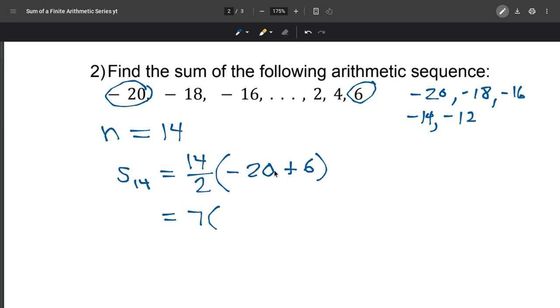So it's 7, negative 20 plus 6, negative 14. So 7 times negative 14 is negative 98. So the sum of the 14 terms is equal to negative 98.